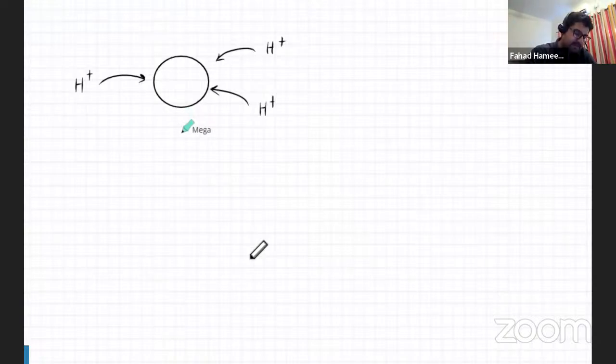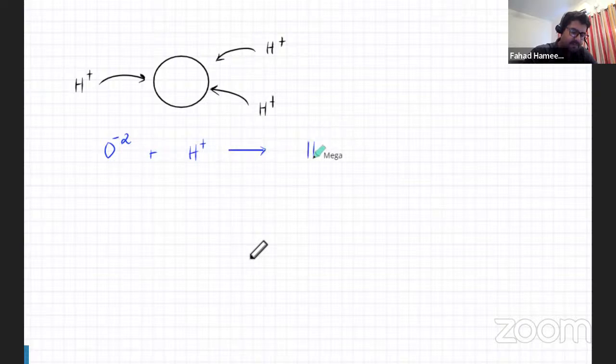The first one is oxides, compounds that have O-2 ions. If it's got O-2, it is capable of accepting H+1 ions, and it will form water. Which compounds have O-2 ions?